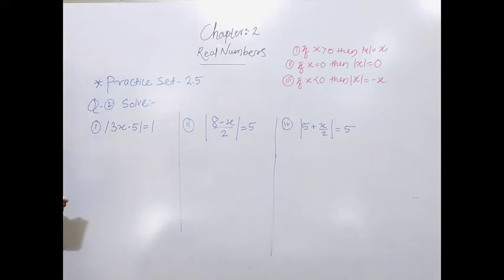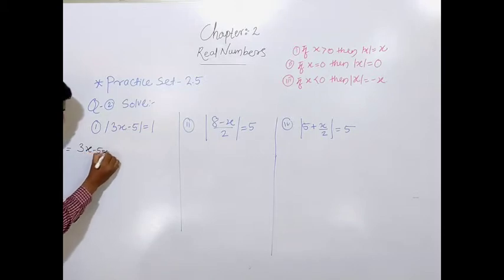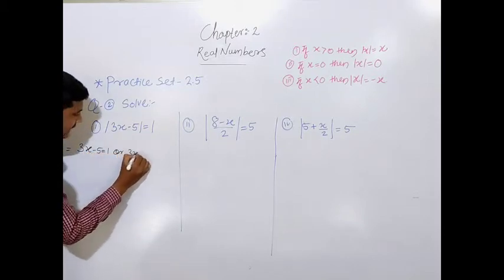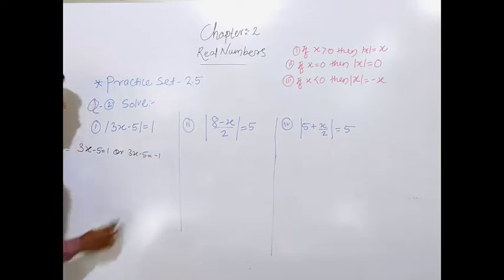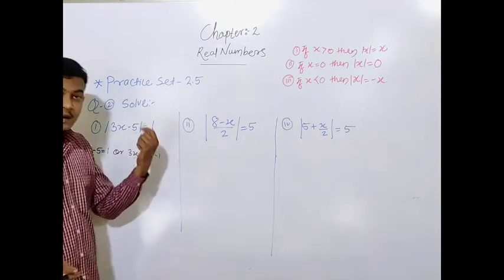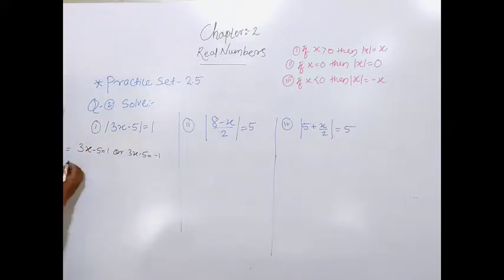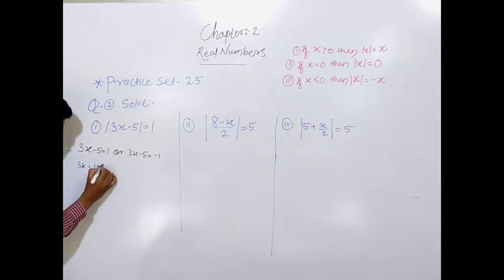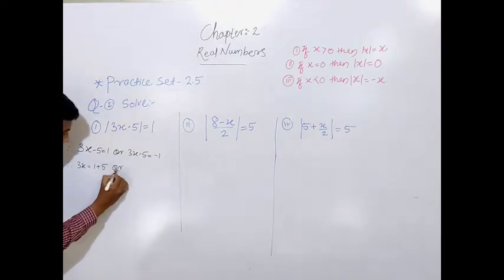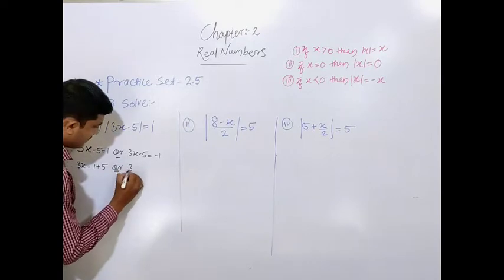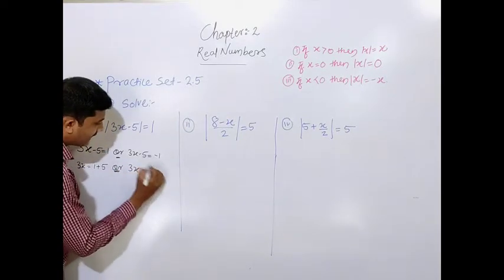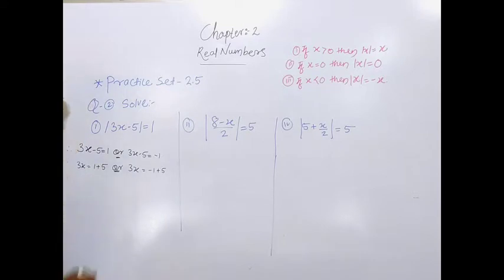First of all, we have to consider 3x minus 5 equal to 1 or 3x minus 5 equal to minus 1. So the possible values will be minus 1 or plus 1. Therefore, 3x, minus 5 if we transpose to the RHS it becomes plus, that is 1 plus 5, or 3x equal to minus 1 plus 5.